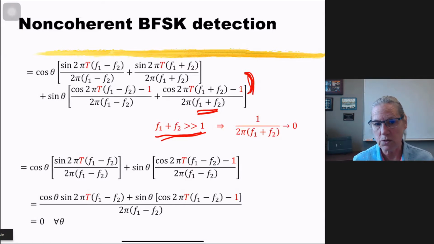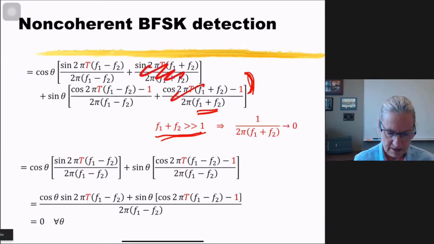They're just really, really small. So the first thing I'm going to do is neglect those. So we're going to get rid of these because they're so small. And so what I'm left with is this equation where I have some cosine theta times a sine over its argument, and then I have a sine theta and a cosine minus 1 divided by its argument.